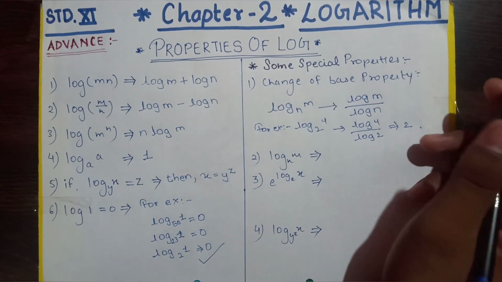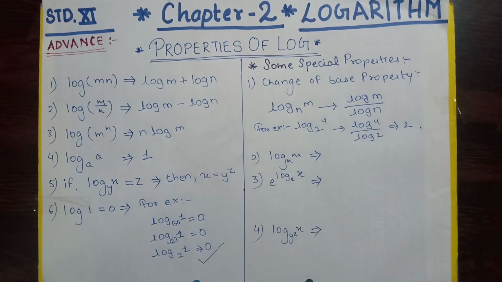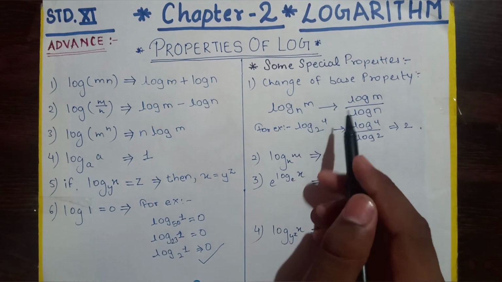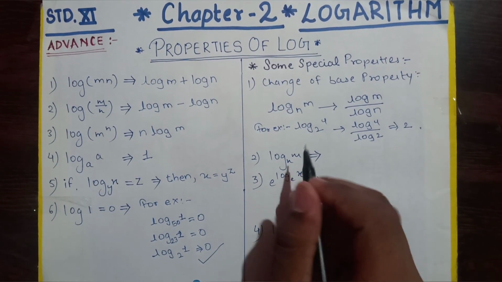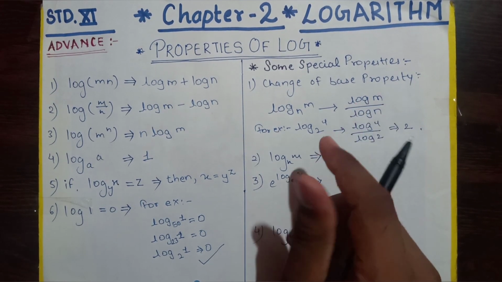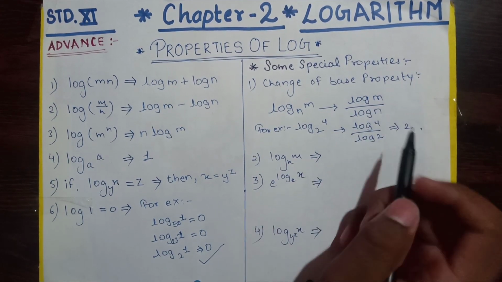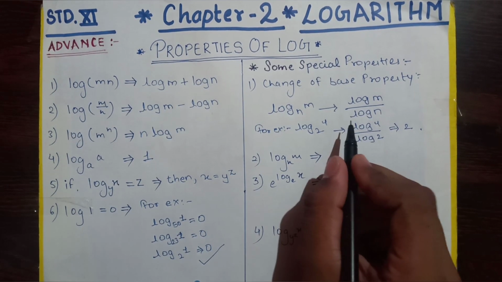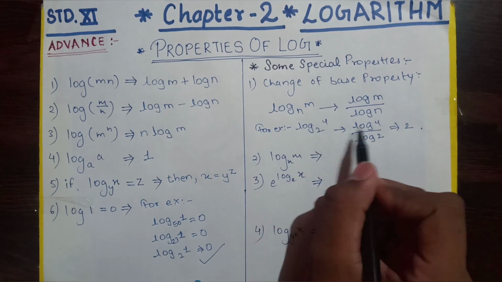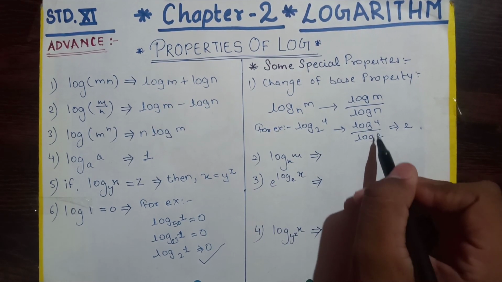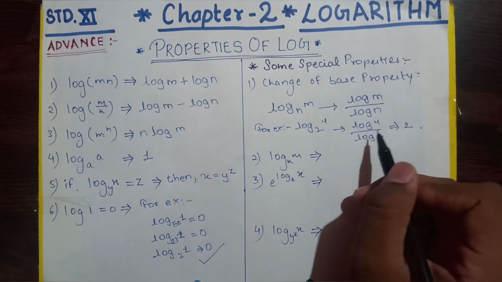About this change of base property, we will select the base according to the question, but one thing we must always keep in mind is that the numerator and denominator must have the same base. For example, here we have taken log 4 and log 2, but we have not taken any base over here.